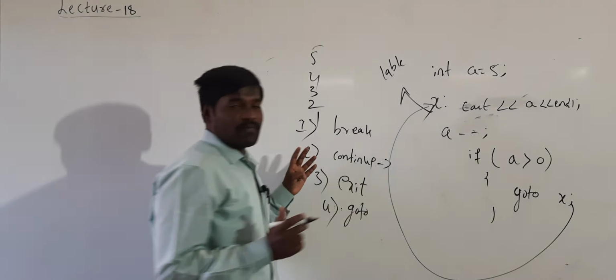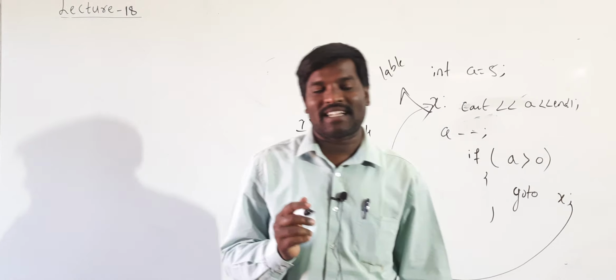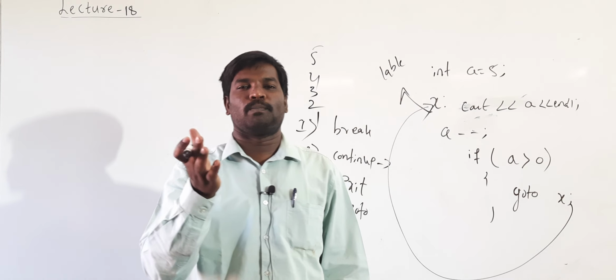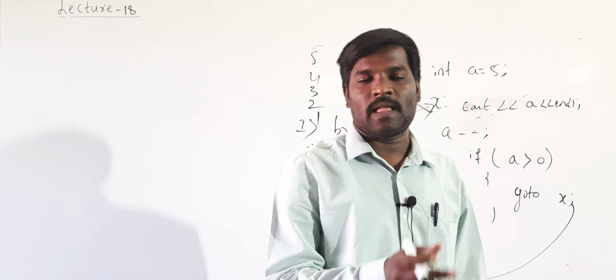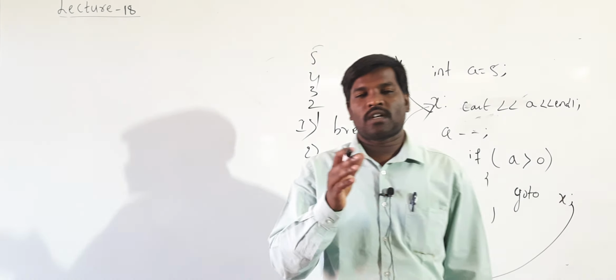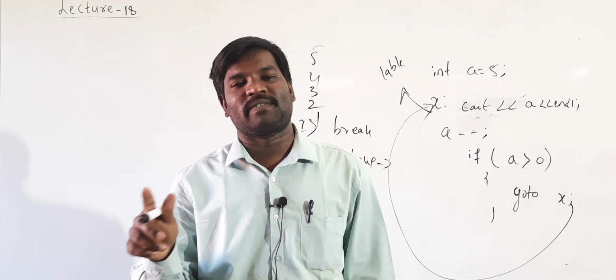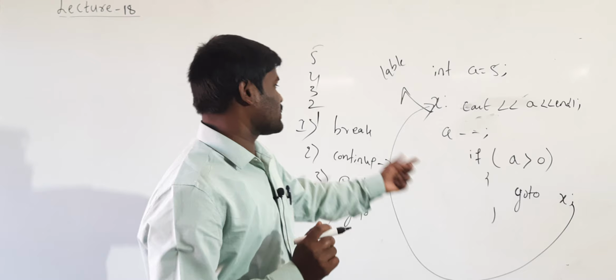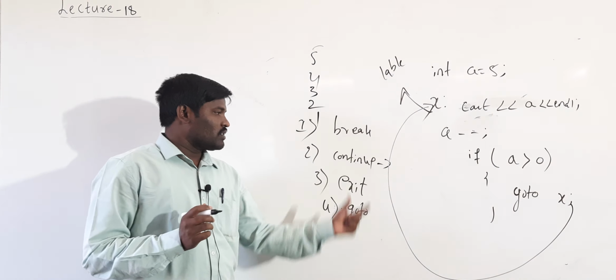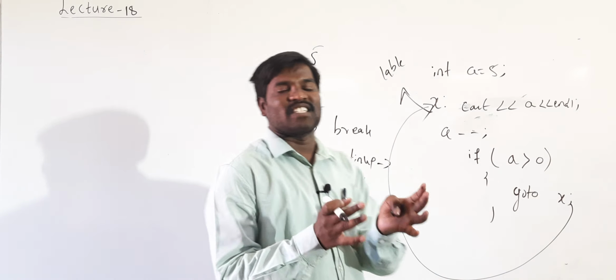So there are 4 unconditional or jumping statements. First one is break. Break is used to stop the loop, to come out of the entire loop, and the remaining statements will execute. That is the task of the break statement. Continue means it will skip one iteration within the loop.